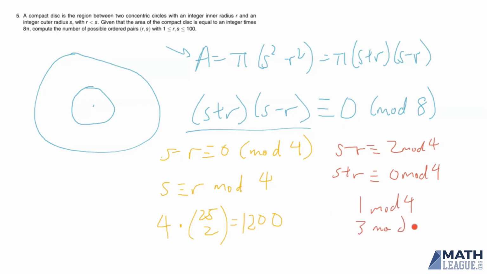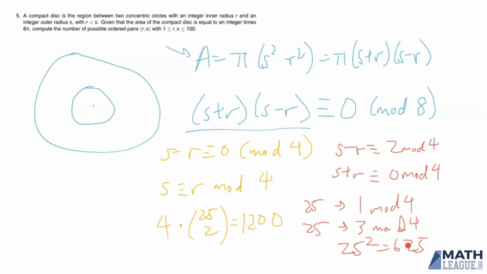So how many ways are there to choose them? Well, there's 25 ways to choose an integer that's 1 mod 4 between 1 and 100 inclusive, and the same for 3 mod 4. So we simply choose one of each, and then we denote, again, the larger one to be s. So this gives us a total of 25 squared, which is 625 ways to choose that.